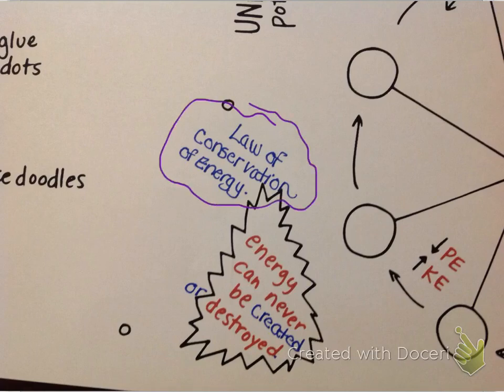The law of conservation of energy simply states that energy can never be created or destroyed. So we don't go out and just make energy, and likewise we don't just destroy it or get rid of it. So it's one of those scientific laws that we need to all be very much aware of, and we're going to explain how all of that works here.